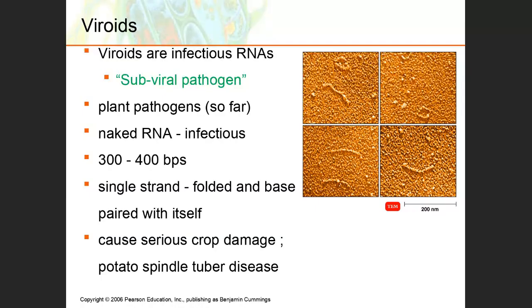And so the idea here is that insects might be chewing on a diseased plant, and then they fly off or crawl over to another plant and start chewing on it and transfer the viroid that way. But it's just a little piece of RNA, and it's infectious and transmissible and causes disease.